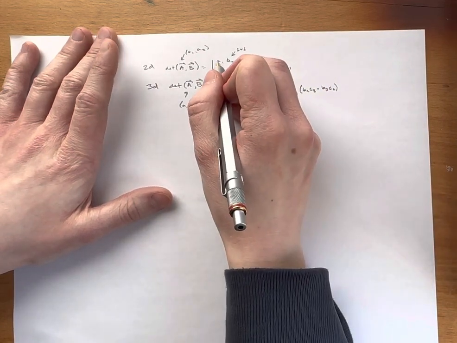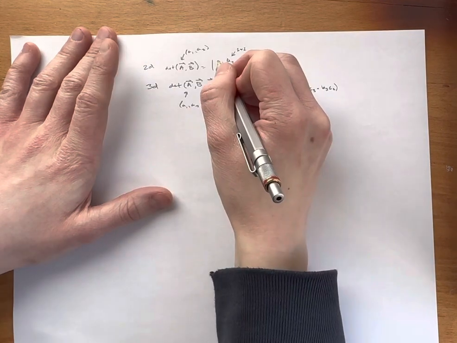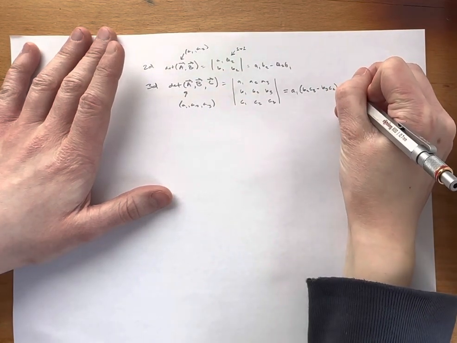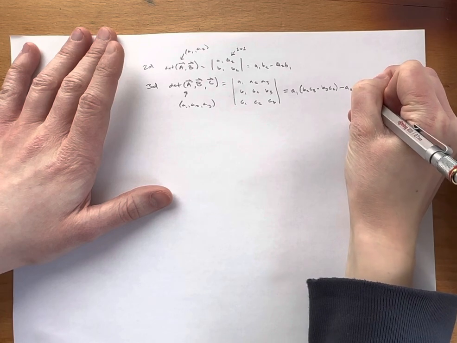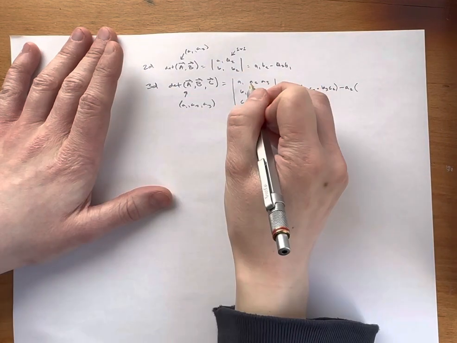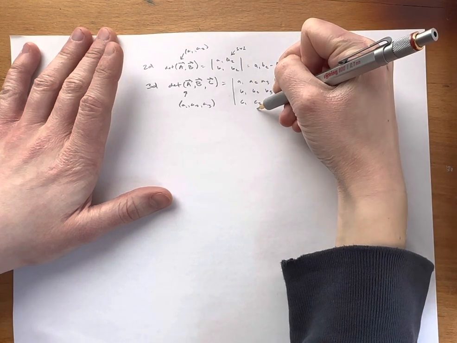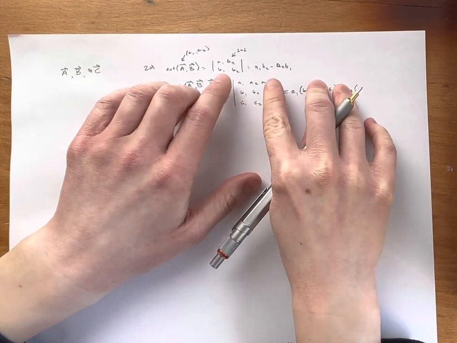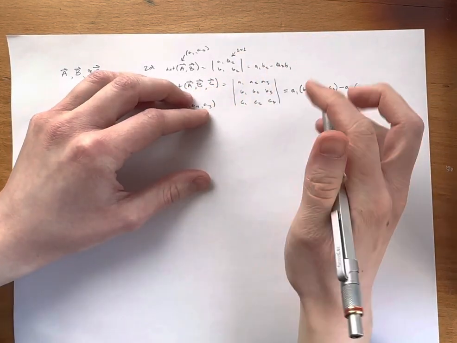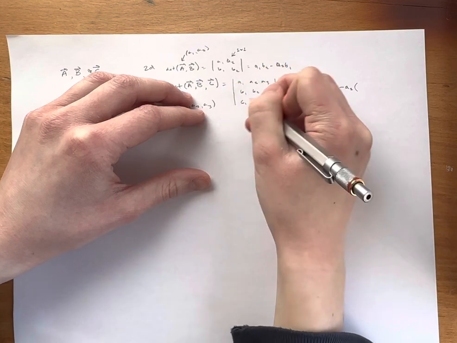As in a 2x2, you move along the upper row, going from A1 to A2, and you subtract the second one. So this is the same: we're doing minus A2 times some value, except this time you find the value by getting rid of the row that A2 is in and the column it's in, and then you take the determinant of the four remaining numbers, along this diagonal minus this one.